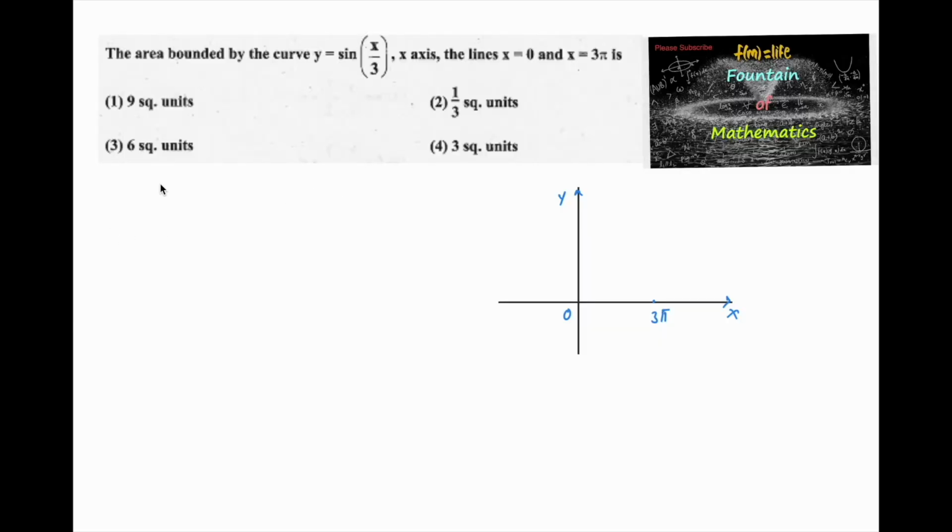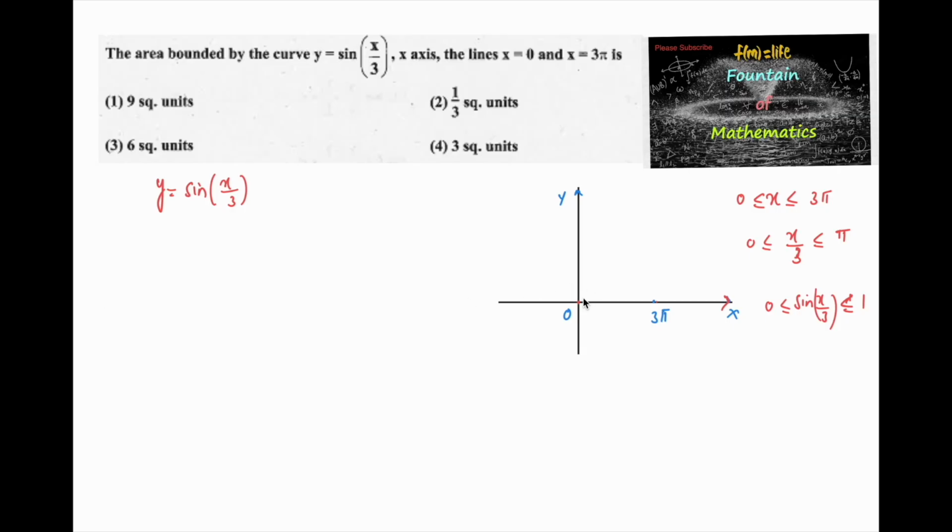The area bounded by the curve y is equal to sine of x upon 3 and the x-axis, and the lines x is equal to 0 and x is equal to 3 pi. Since x lies between 0 and 3 pi, x upon 3 lies between 0 and pi. So sine of x upon 3, in the first and second quadrant, is positive, so it lies between 0 and 1.